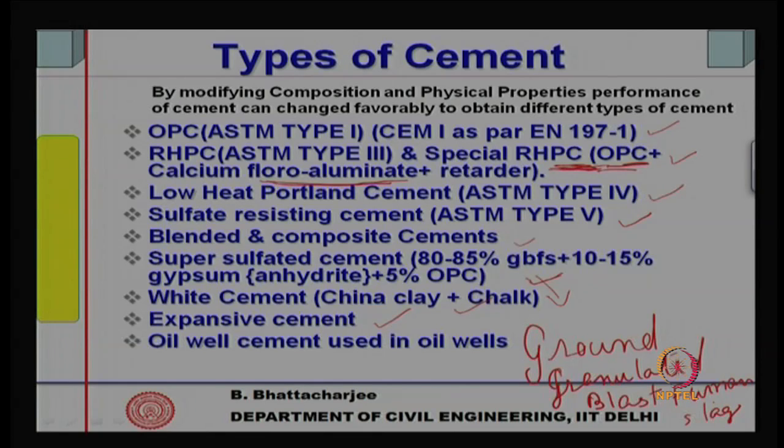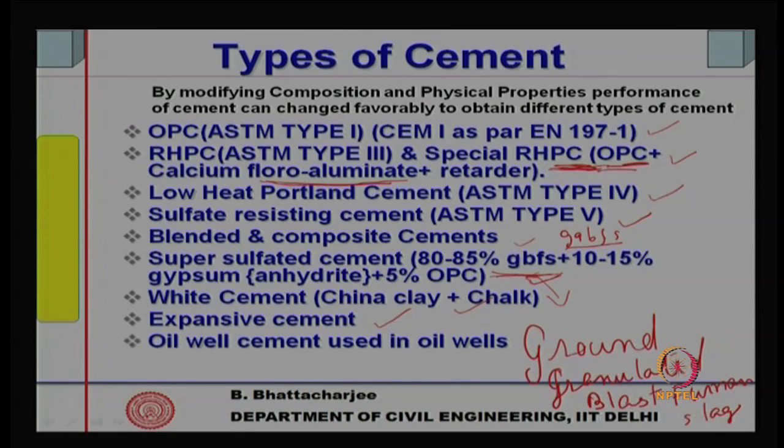We will come to this again. GGBFS has almost the same oxides as the cement. We will see that a little later. A high quantity of this material is used in super sulphated cement, around 80 to 85%, mainly meant for sulphate resistance, and 10 to 15% of gypsum with 5% OPC.